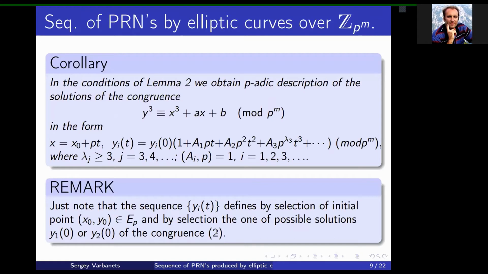And we also obtain the following corollary, in the conditions of lemma 2, where we obtain the p-adic description of the solutions of the following congruence. And we have a remark that says that the sequence y(t) is defined by the selection of the initial point and by the selection of one of the possible solutions y1(0) or y2(0) of the congruence 2.